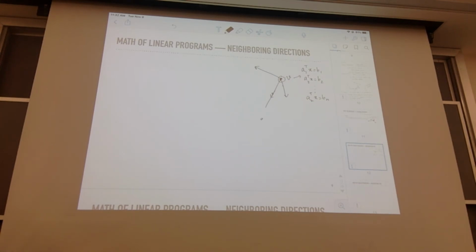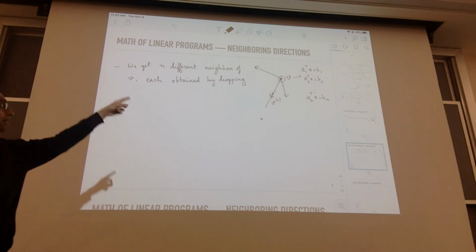So we get n different neighbors of V, each obtained by dropping, like if I call this direction, let's for simplicity call this V superscript i.